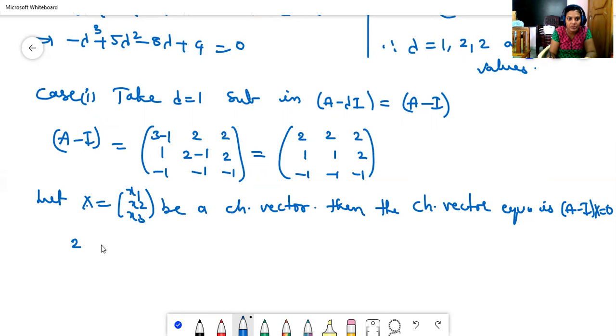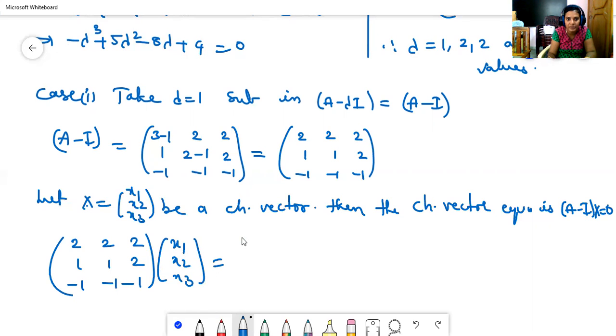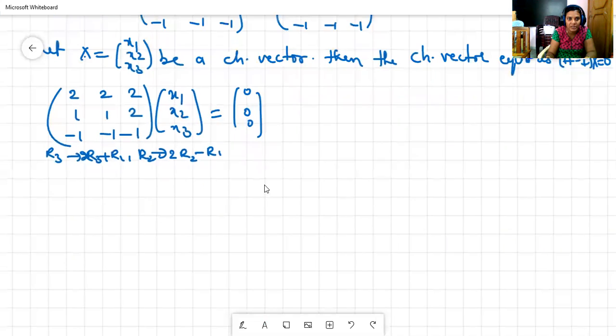Here 2, 2, 2, 1, 1, 2, minus 1, minus 1, minus 1 into x1, x2, x3 equal to 0, 0, 0. Here R3 to R3 plus R1, R2 to 2R2 minus R1, by taking the elementary operations.